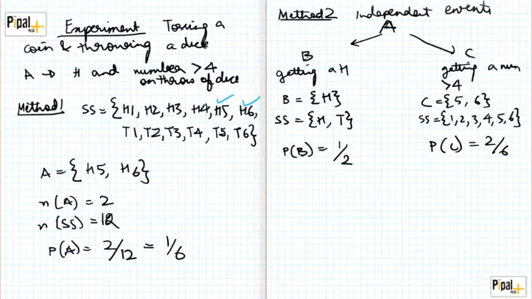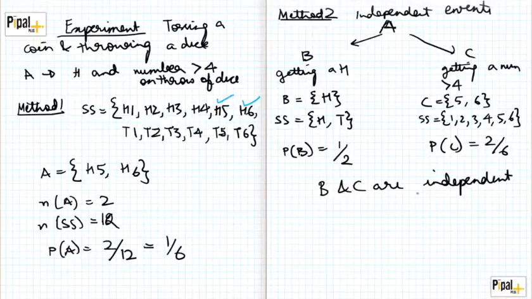Now let's look at B and C. Does getting an H depend on getting a 4 or a 3 or a 2 on throwing of a dice? It does not. So we can say that B and C are independent events.